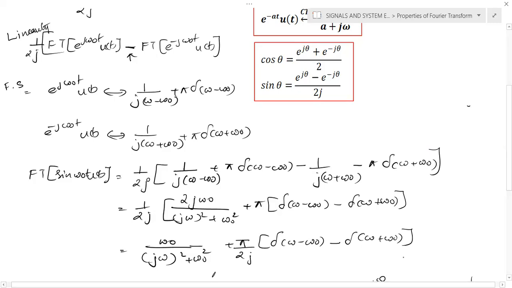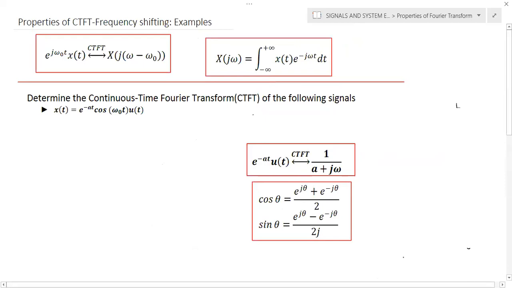Now we can do one more question in the next lecture. This problem we'll discuss in the next lecture.